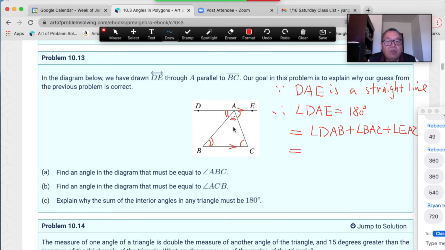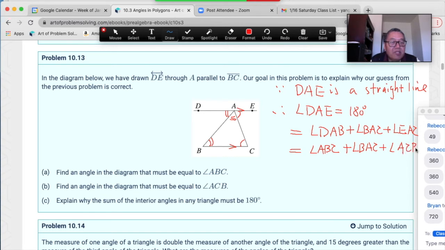Then, because DE is parallel with BC, angle DAB actually equals angle ABC, plus angle BAC. I just move this one down, right? I use ABC to replace DAB because these two angles are alternate interior angles. Then plus angle ACB.